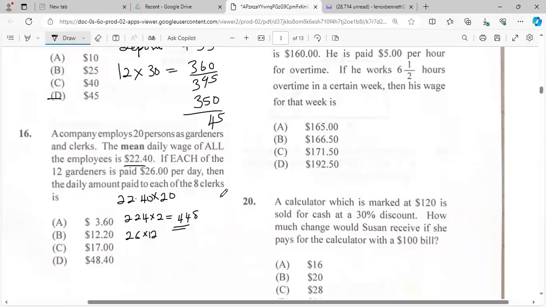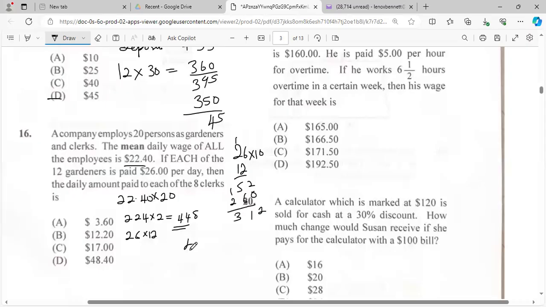Oh, this is 12. Alright, let me do it the long way. 26 times 2 is 52, put down the 2, carry the 5. So it's 312.